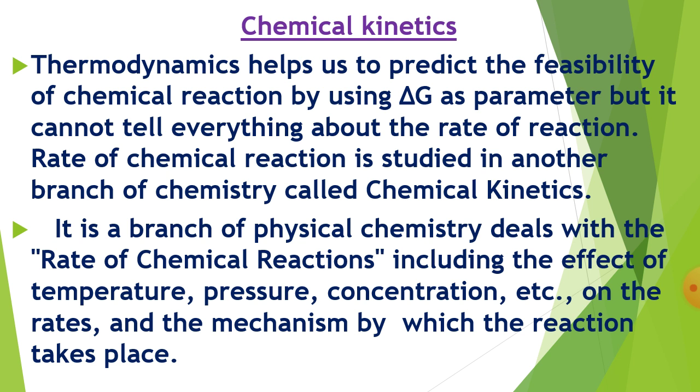This branch of chemistry you had learned in class 11th, unit 6. So thermodynamics helps us to predict the feasibility of a chemical reaction by using delta G as a parameter. This I have told you. And also in electrochemistry, delta G should be negative for any spontaneous reaction.